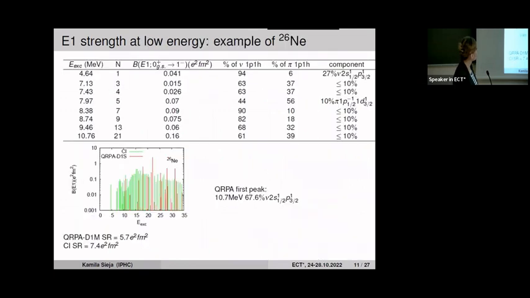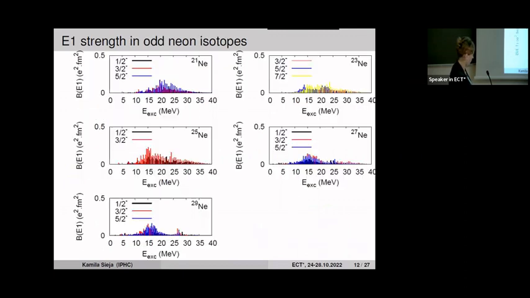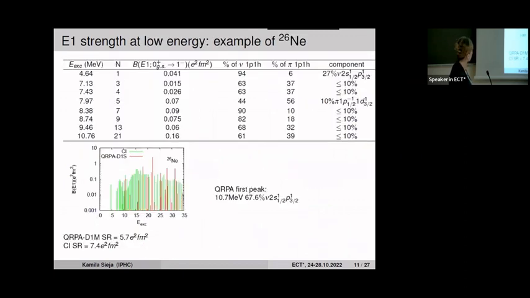Here I have as well the comparison of this typical QRPA calculation, which, as said, was with Gogny forces, and the shell model calculation. If you just plot the peaks like this, what you can see is that the summed strength up to 50 MeV is larger in the shell model than in the QRPA, and we have much more strength at low energy.